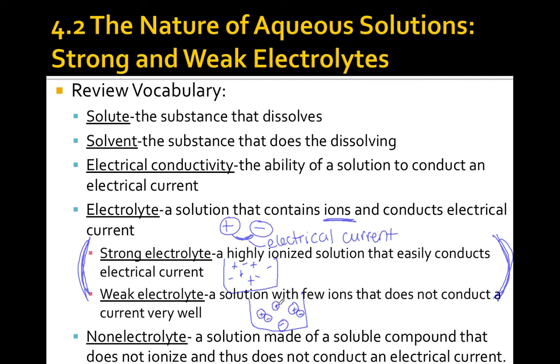So it is soluble, but it doesn't dissociate very easily. And we're going to talk a lot more about that tomorrow. But I want to make sure that you're becoming familiar with the strong electrolyte and weak electrolyte information there.